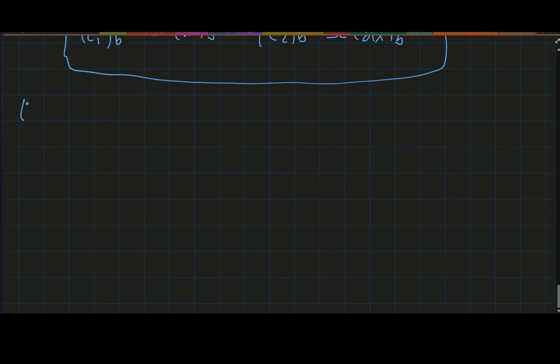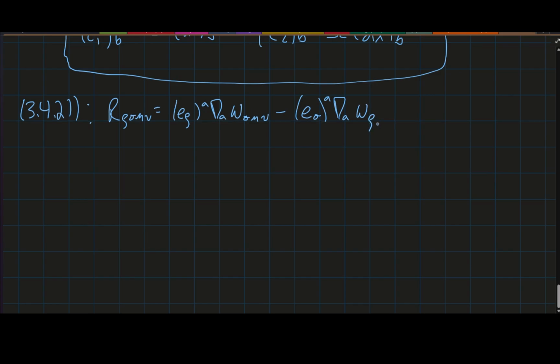So we'll write down this equation, 3.4.21, where we know that R rho sigma mu nu is E rho A nabla A omega sigma mu nu minus E sigma A nabla A omega rho mu nu minus eta alpha beta, oops, I did not do that good, alpha beta omega rho beta mu omega sigma alpha nu.